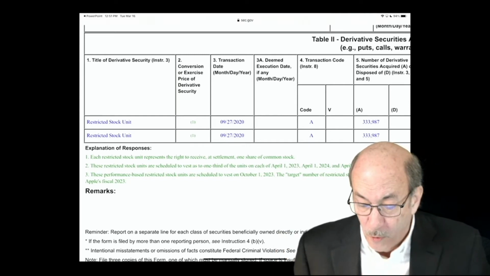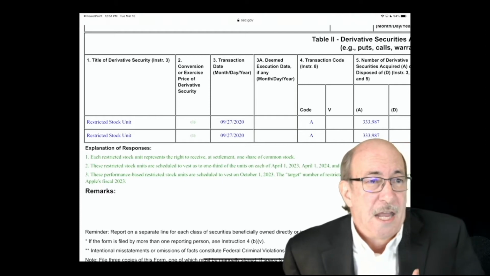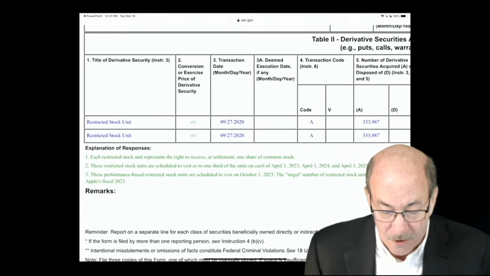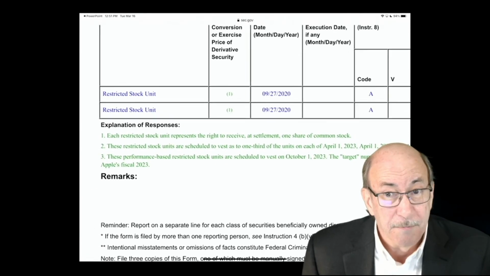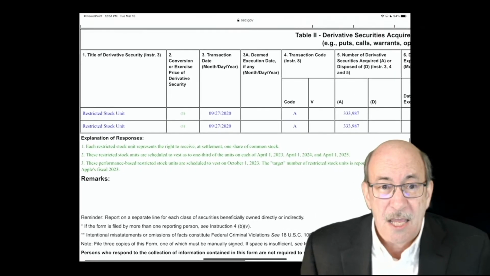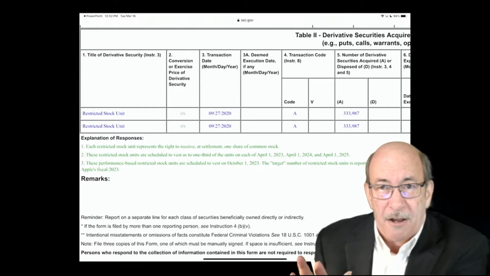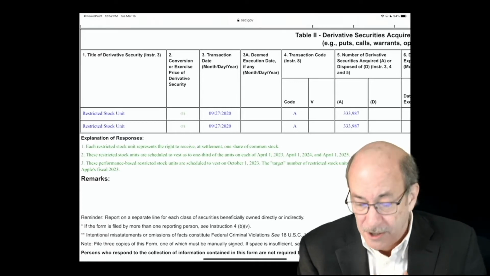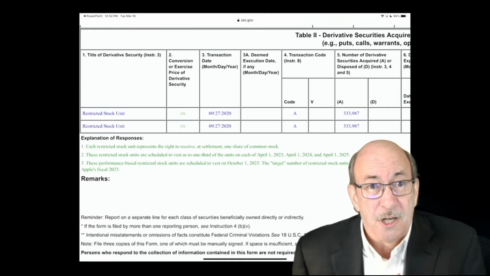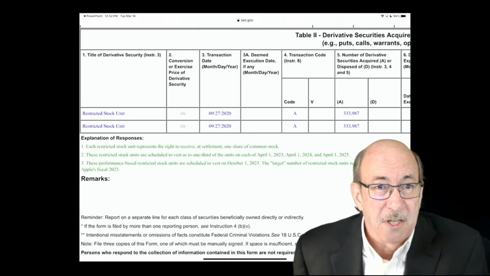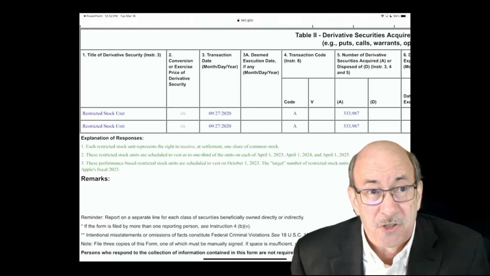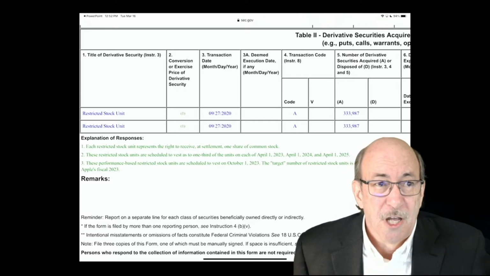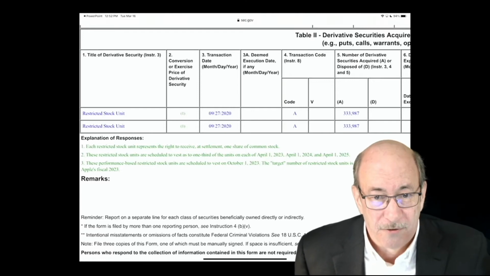Now, April 1, 2023 comes around, and if he meets certain performance criteria, and that's described down here in footnote 3, he will actually be allocated out of that pile so many of those shares. And that allocation, based upon this little footnote here, I won't read it all to you, but basically it says, depending upon how Apple stock performs, he'll get anywhere from 0 of those shares up to 200% of the shares.